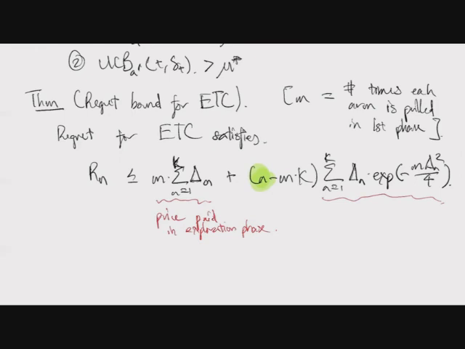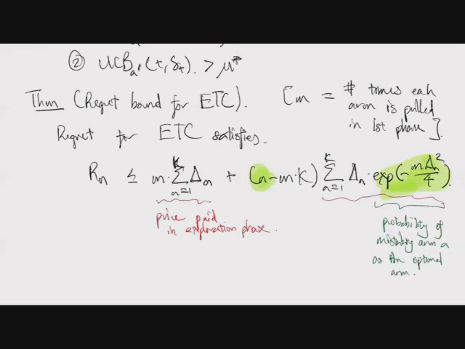That's simply going to be equal to this exponential term here. So this is the probability of mistaking arm A as the optimal arm.